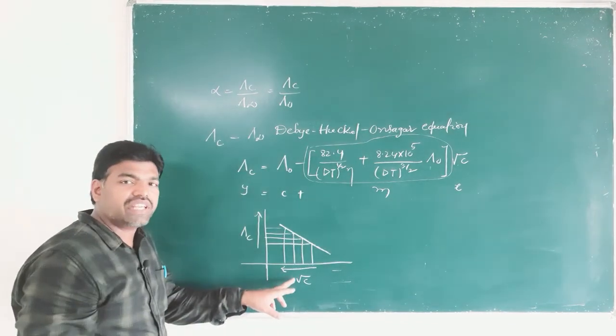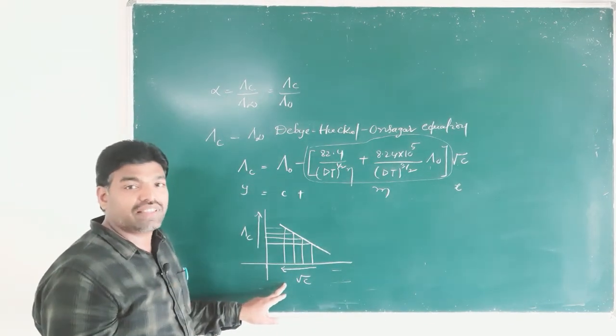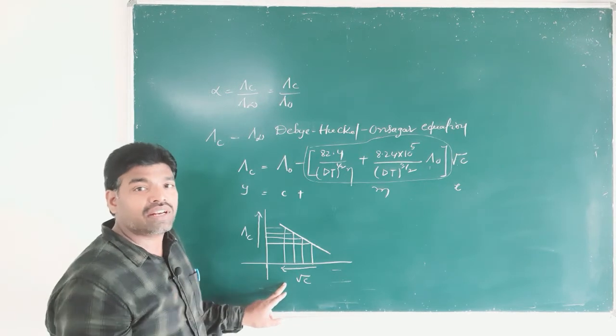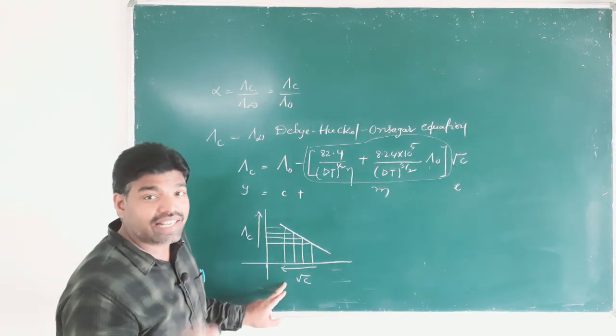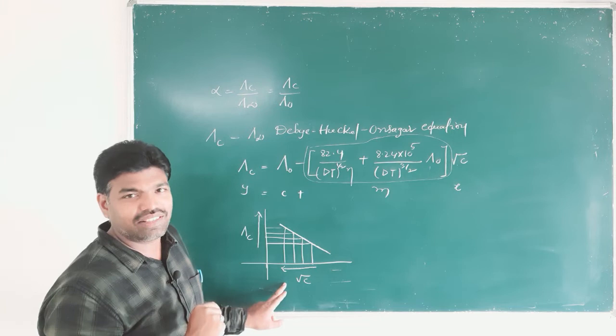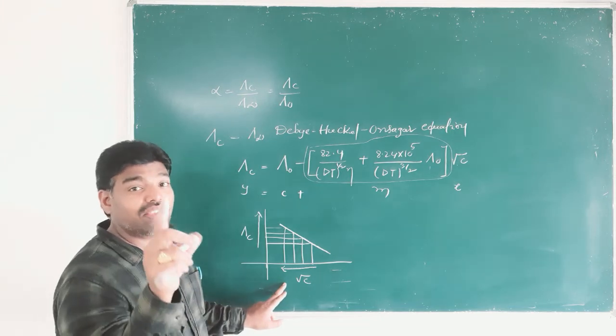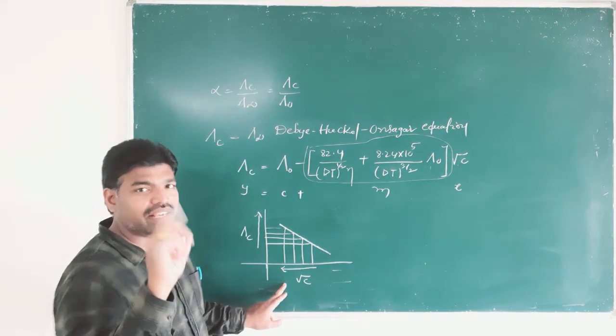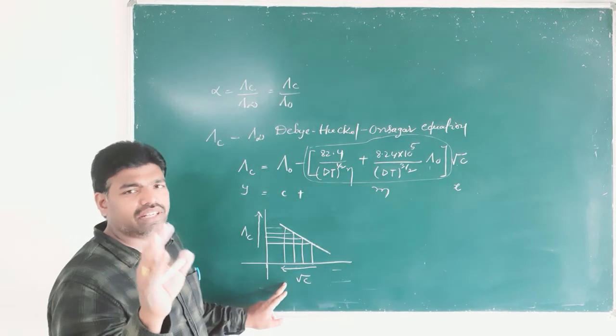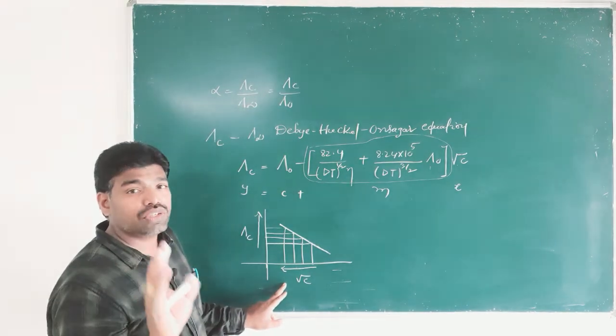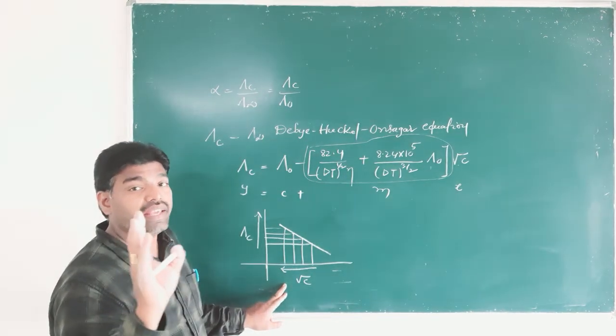Decreasing the concentration means dilution, that is, on dilution equivalent conductance increases. Similarly, on dilution molar conductance also increases.